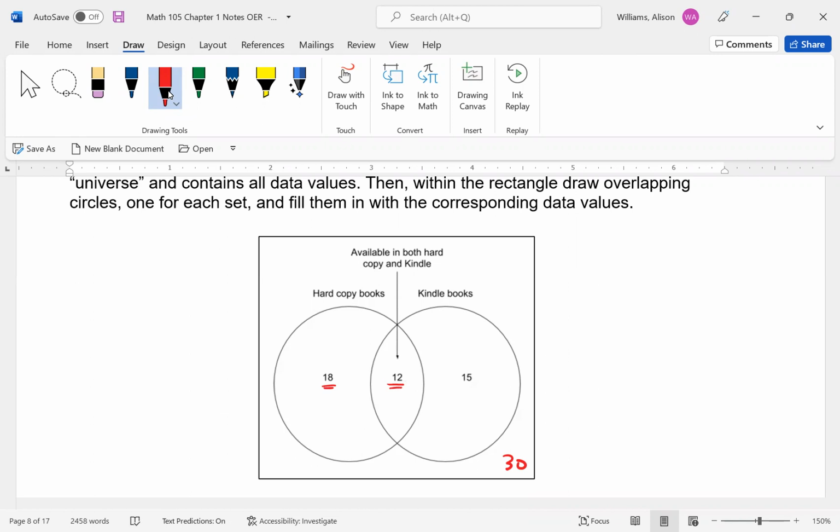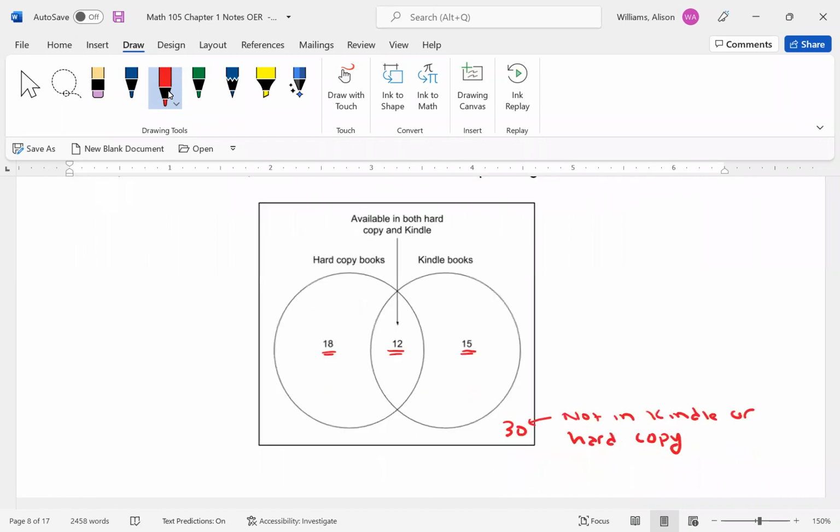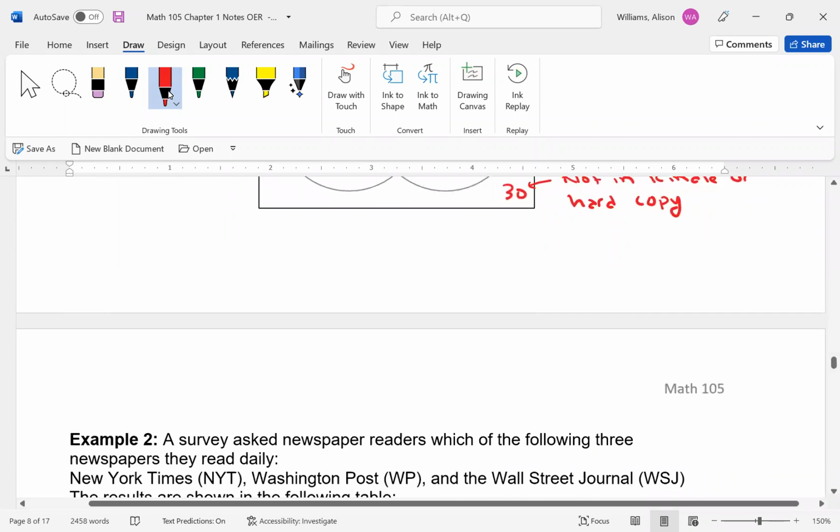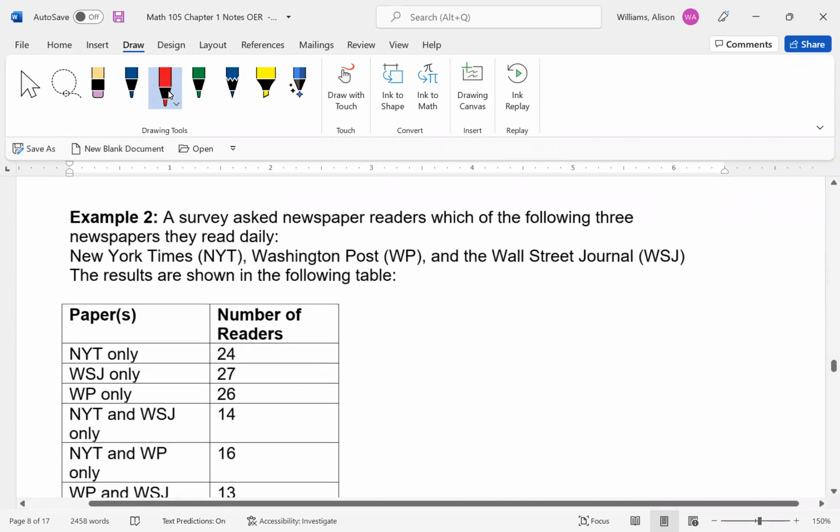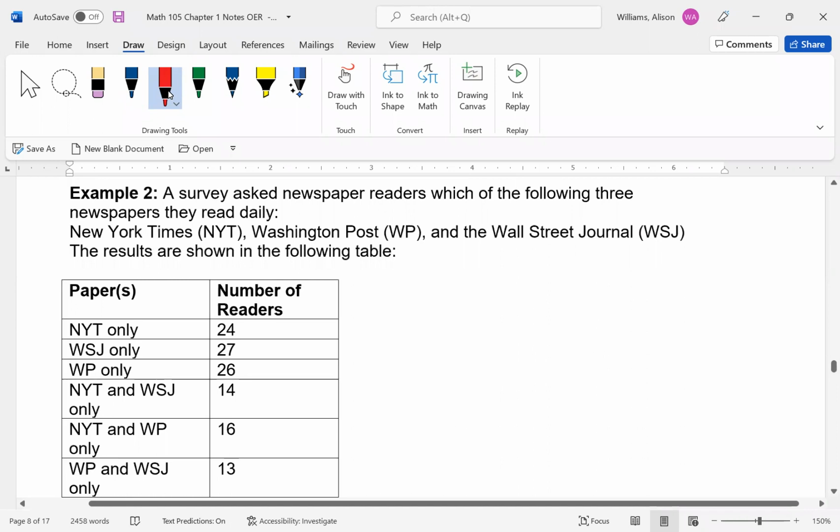And then there are 15 books that are only available in Kindle. And then this 30 is representing none of them, not in Kindle or hard copy. Whatever universe that looks like. Maybe there's nothing out there. That's a possibility too.